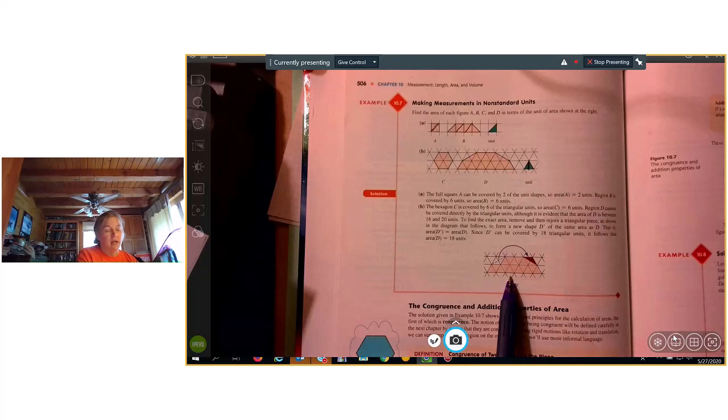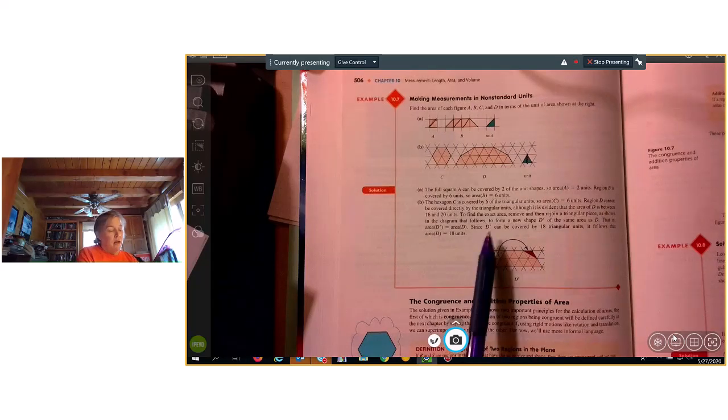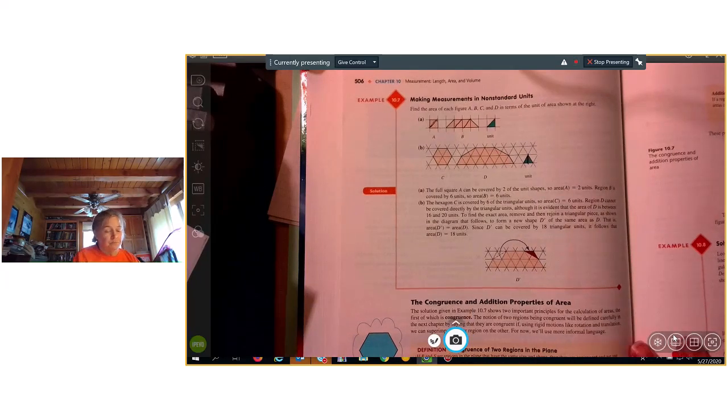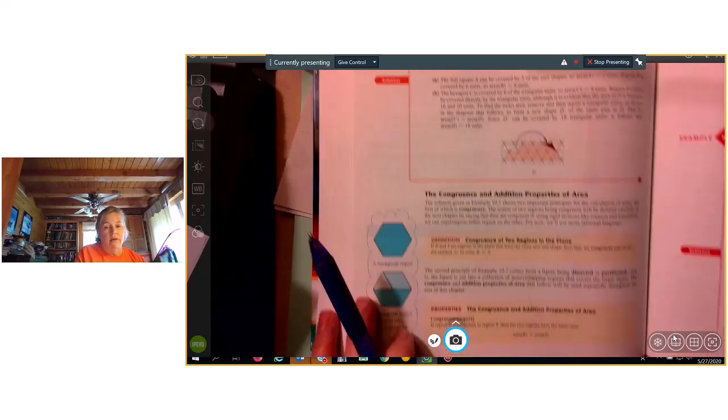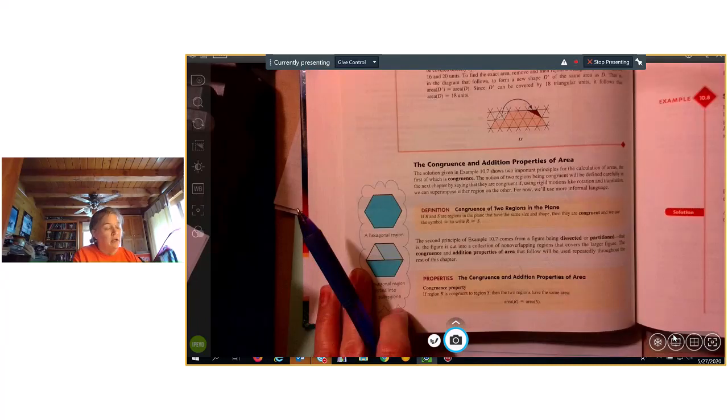We could have different shapes that we're looking at that we're having to fit into these. And this is what you just did, so don't freak out as being another thing.